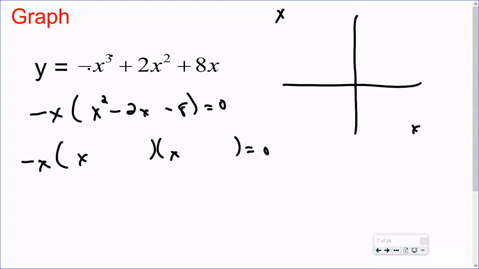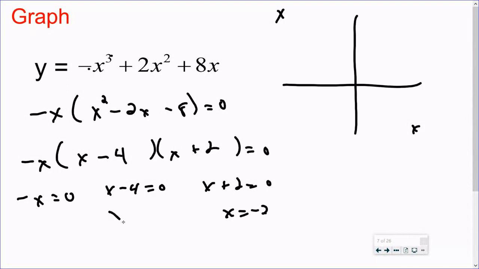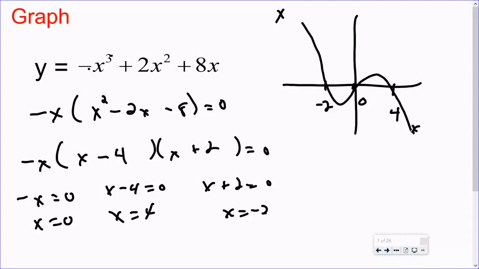So what times what gives me -8 that adds up to give me -2? Well, x minus 4, x plus 2. Set all your factors equal to 0, solve. Okay, so my targets, -2, 0, and 4. There you go.